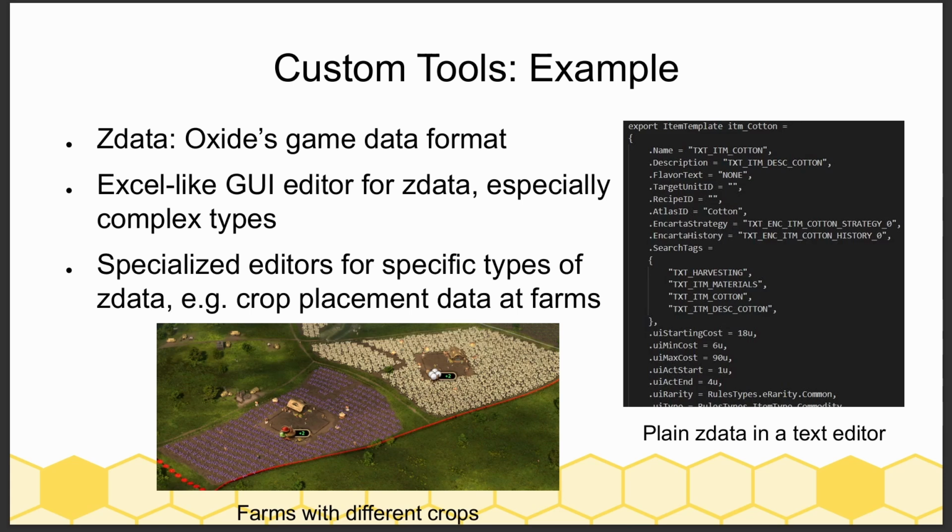But even more specifically, for Aura in particular, we have, for example, farms that can take in different types of crops. Again, this is quite blurry. There's cotton on the right and some sort of spice on the left. The general asset is the same, but the particular crop is different. And the way we specify the different crops is with the ZData files.